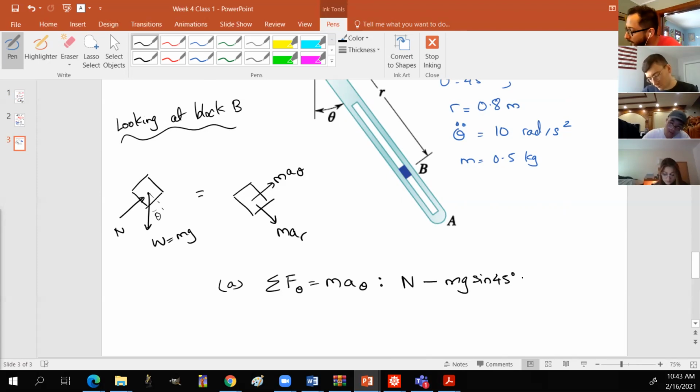And we know that this a_theta is equal to m times r theta double dot plus 2 r dot times theta dot.